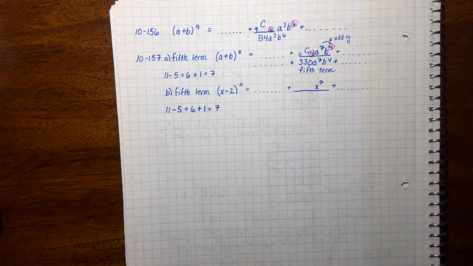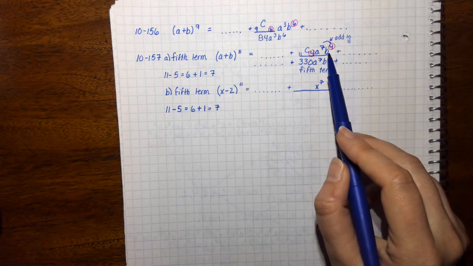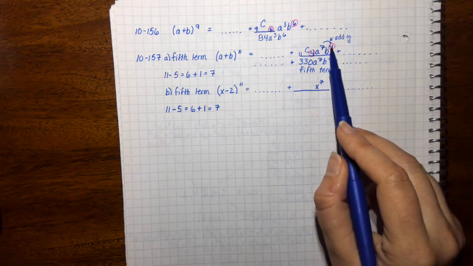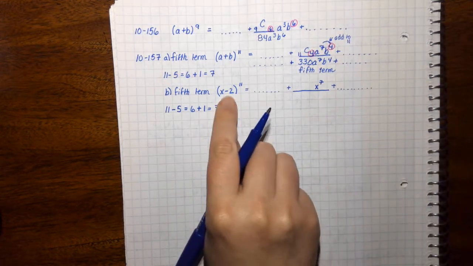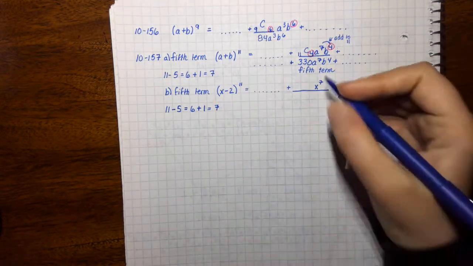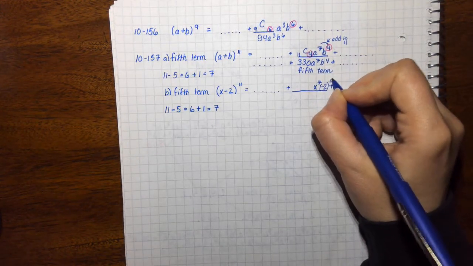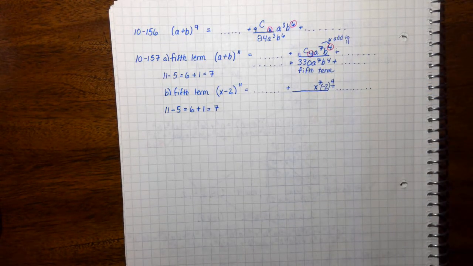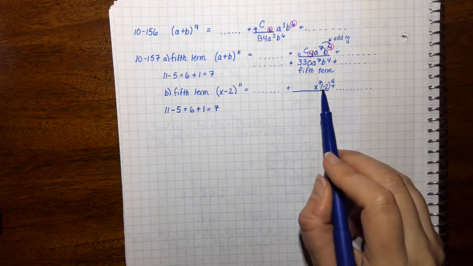Okay, step 2 is to take whatever the second thing is and make its exponent add to the total of 11. So the second thing in my parentheses is -2. Make sure that you count that as -2 to the 4th power. So I have the first thing to the 7th from this.